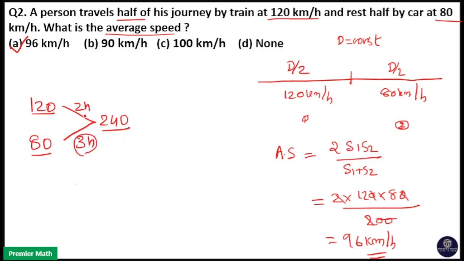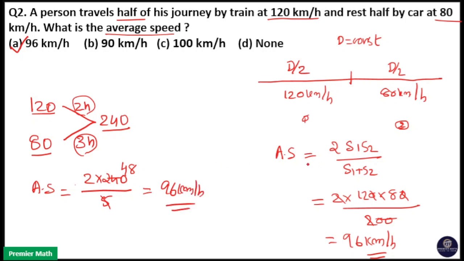So here average speed will be total distance, which is 2 into 240, divided by total time, which is 2 plus 3, 5 hours. So 5 into 48 is equal to 240. 48 into 2 is equal to 96 km per hour.